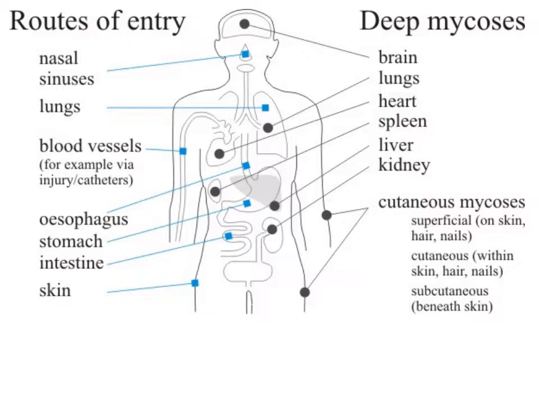Subcutaneous is beneath the skin, so it doesn't involve hair and nails. When we talk of deep mycosis, it can occur in the brain, lungs, heart, spleen, liver, and kidney. So basically, these are the organs that come in contact with either lymph in the lymphatic system or with blood.